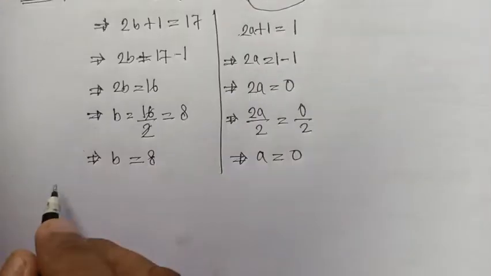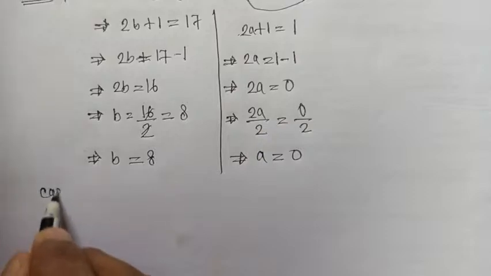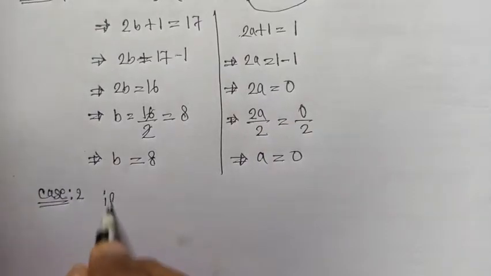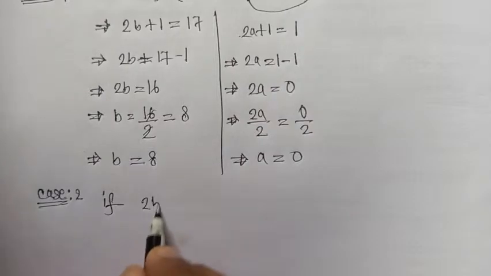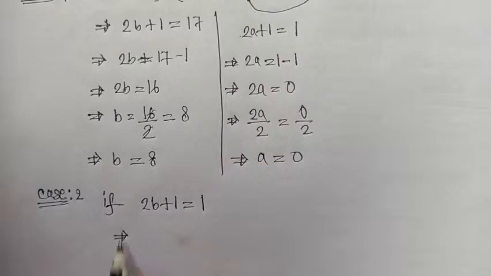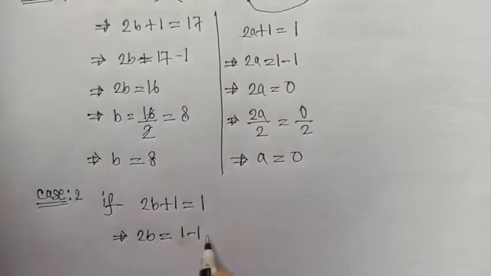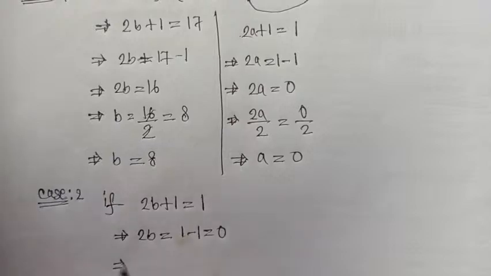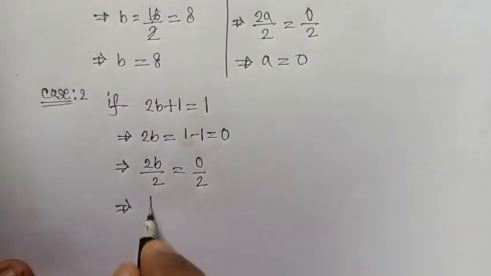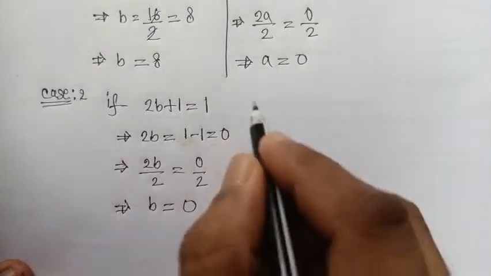For positive cases, for the second case, case 2, if 2b plus 1 is equal to 1, then 2b equals to 1 minus 1, that is 0. If we divide by 2 both sides, then b will be 0.